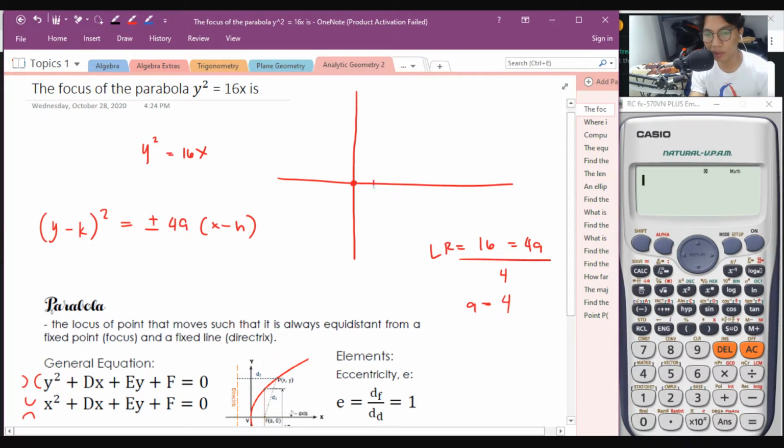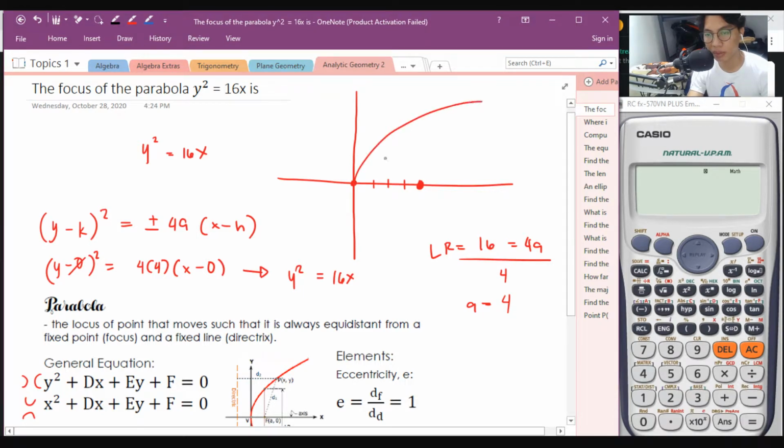Ibig sabihin, 4 units to the right. Right ba? O, tama, to the right. Dito nandito yung inyong Latus Rectum. Pag ganun siya. Extend mo to. 16x tapos y, 0. Y minus 0 squared equal to 4 times 4 tapos x minus 0. Kaya naging ang equation niya ay y squared equal to 16x.